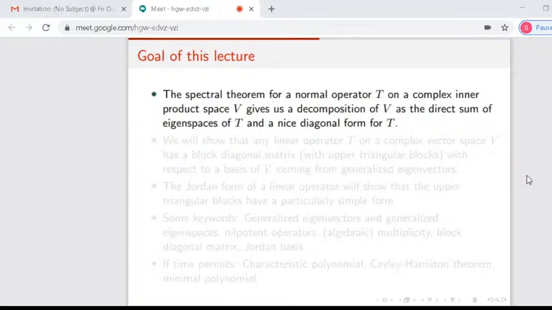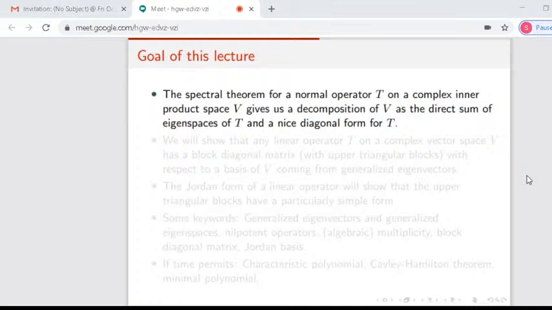So what we will show today is that any linear operator T on a complex vector space, which does not have to be an inner product space or a normal operator, has a block diagonal matrix. I will define what this means. But roughly speaking, it is a matrix where there are blocks on the diagonal, and each of these blocks is upper triangular.